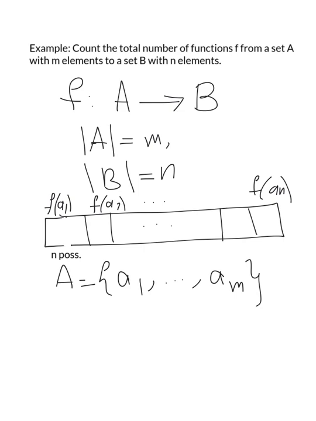Again, assume the function we are counting has mapped A1 already somewhere, and we want to know where it maps A2. But A2 also can be sent by f to any one of the elements of B. And therefore that one also has n possibilities.